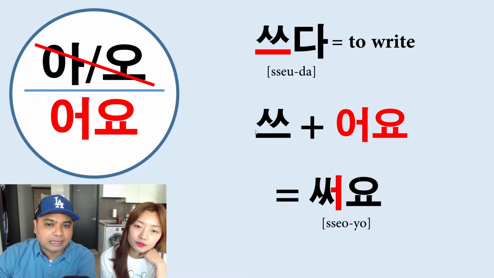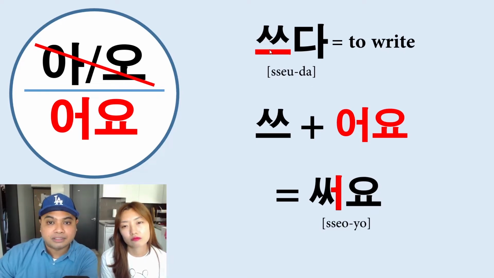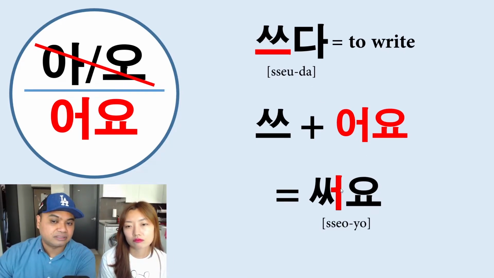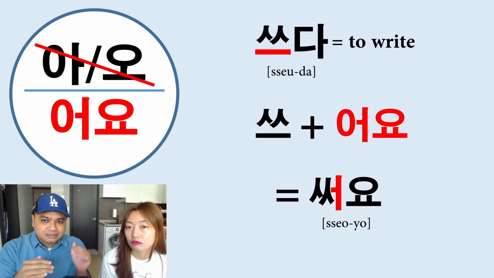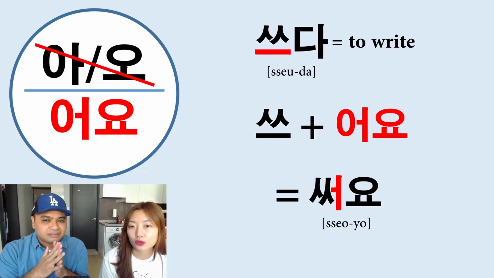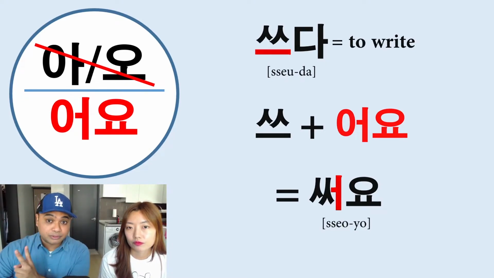Most of the time it's like that. But there are some irregular verbs, of course, so it's going to change a little bit. But for most cases, you take that and add o, so it turns into soyo. When you try to combine the sounds, su, oyo, soyo. Okay, so that's rule number 2, right?